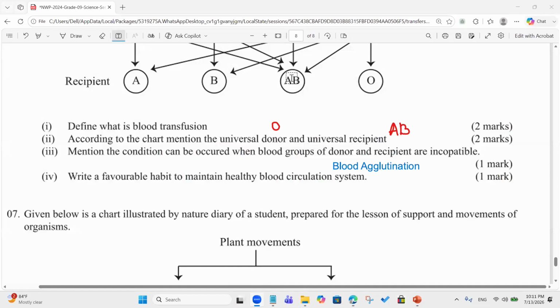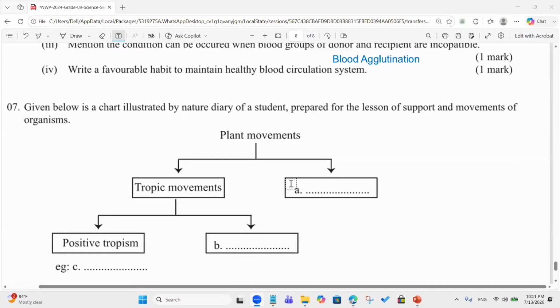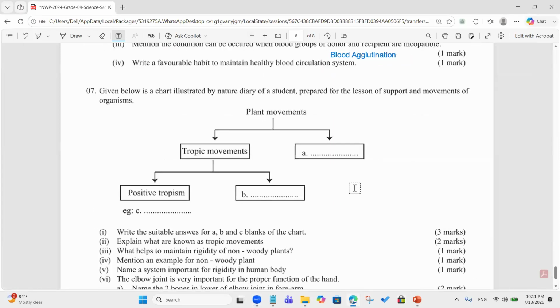Now the seventh question, right? Given below is a chart illustrated by a nature diary of a student prepared for the lesson on support and movement of organisms. Okay. So first one, plant movements: tropic movements, and what's the other type? Tropic and what is the other?